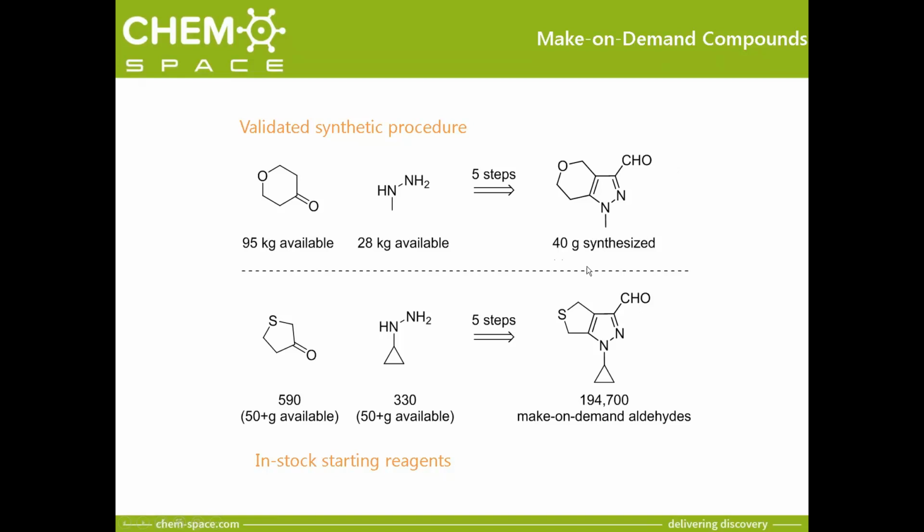And one chemist has done this procedure and followed all these like 5 steps. He or she can apply the same chemical knowledge to other reagents available in stock. So basically, make on demand compounds are based on validated synthetic procedures applied to in-stock starting reagents.